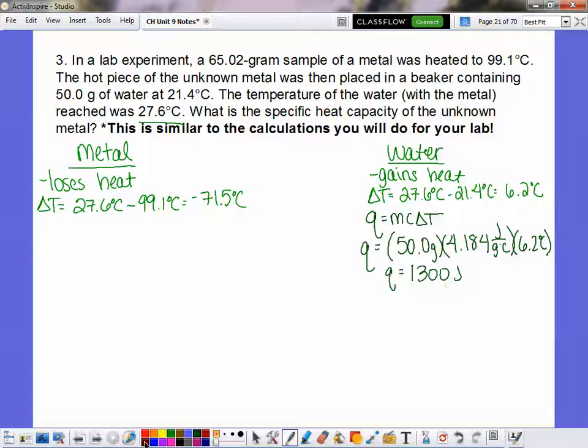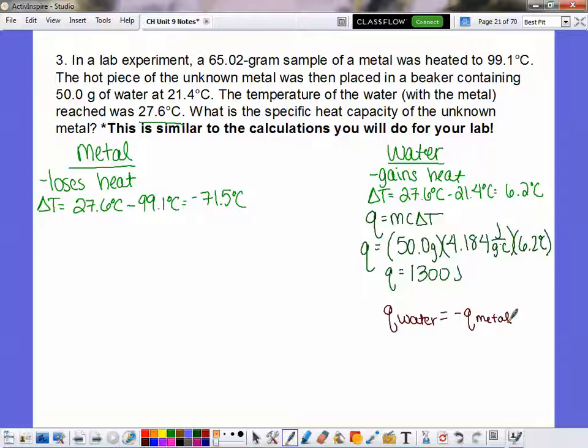So Q water equals negative Q metal. The amount of energy the metal loses is equal in magnitude, opposite in sign, to the Q of the water. Okay, because remember, the metal is losing energy, so Q needs to be negative. The water is gaining energy, so the Q is positive, but the actual values are the same.